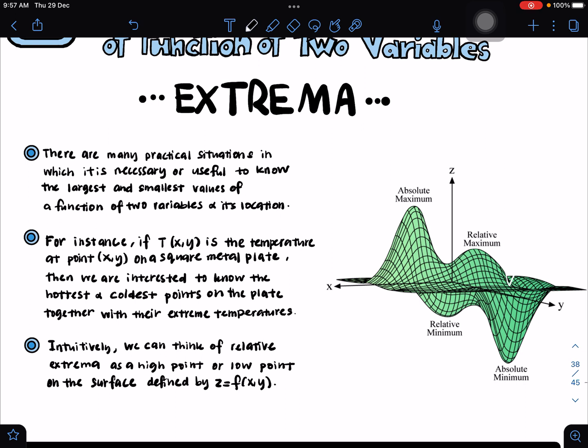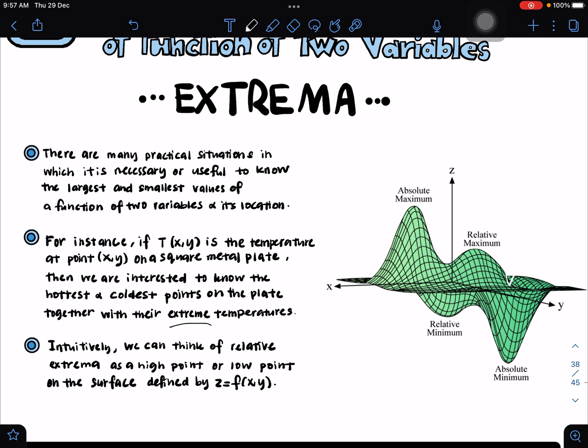So kita nak tahu, pada certain waktu, pada certain point (x,y), the hottest and the coldest point. Dekat mana di atas kepingan besi tu yang paling panas dengan yang paling sejuk. So kalau dia paling panas, berapa nilai dia? With their extreme temperature, berapa nilai temperature dia? So sometimes it's actually valuable for us to know this information.